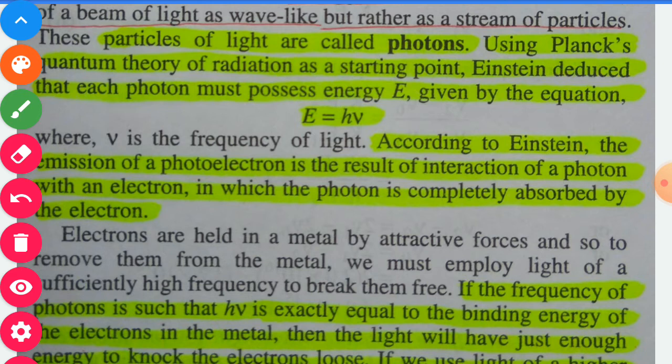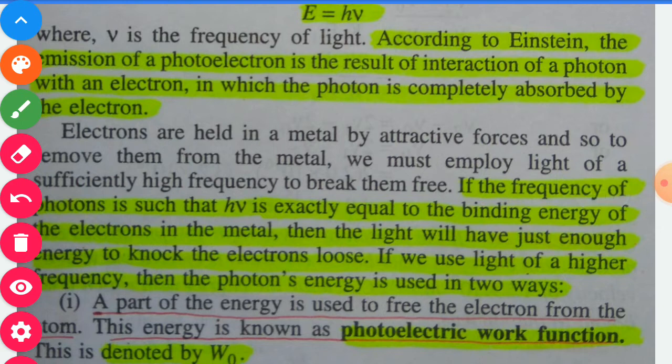So if the frequency of the photon is such that h nu is exactly equal to the binding energy of the electron in the metal, then the light will have just enough energy to knock the electron loose. The energy by which the electron is attracted towards the nucleus is known as binding energy. Now, whatever light is incident on the surface of the metal should have more energy as compared to the binding energy so that the electron can eject from the surface of the metal.